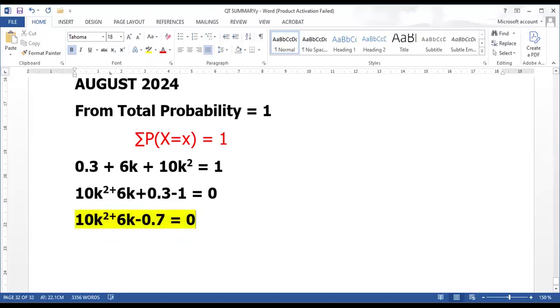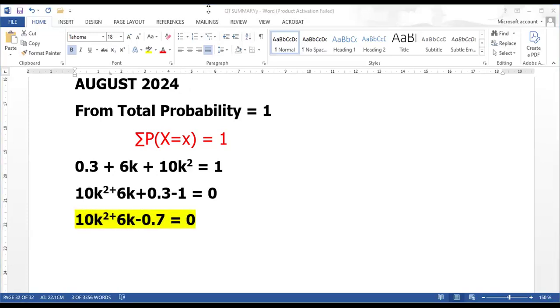How do you get k when you're on this step?